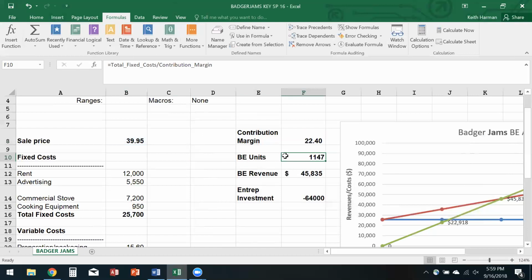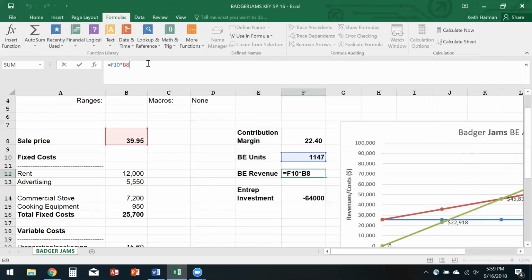All right. And then we can come down to the break-even revenue. And notice this is going to be F10. And as you would guess, it's going to be the sale price. Okay.